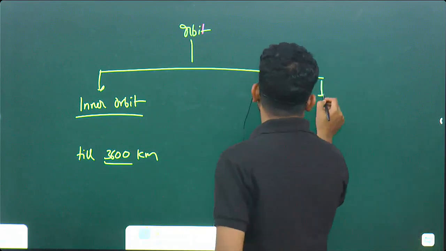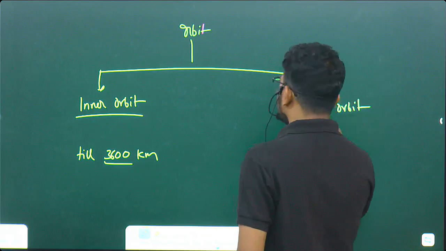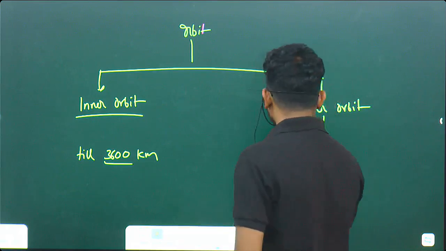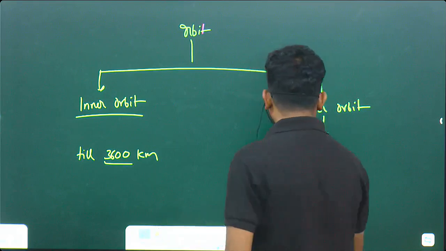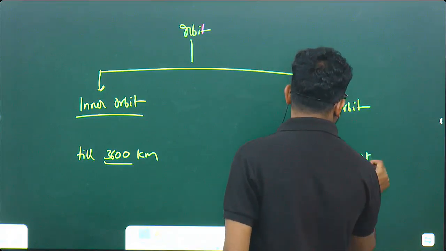And one more is the outer orbit, which is above 3600 kilometers. Now, see how smart you became here.